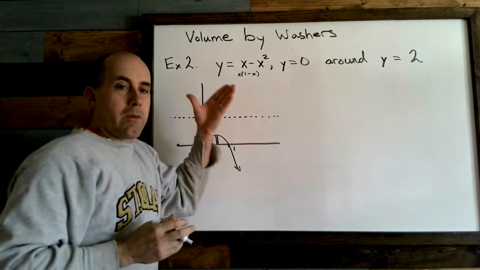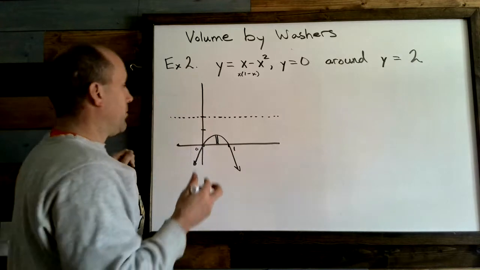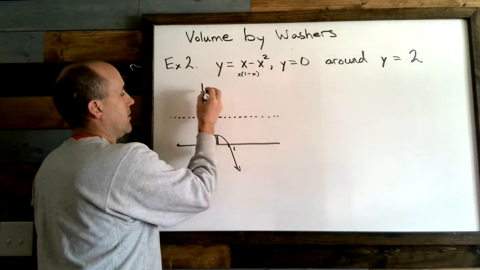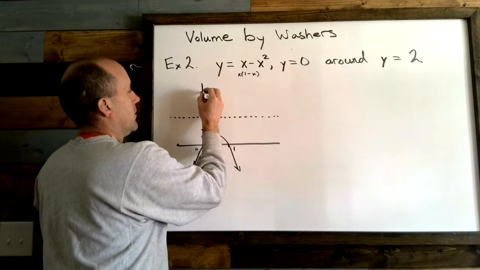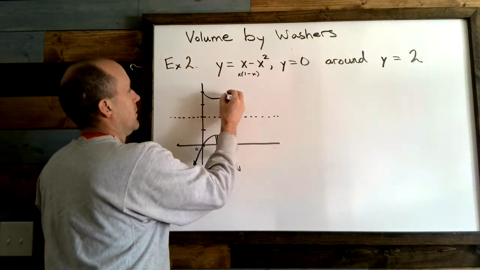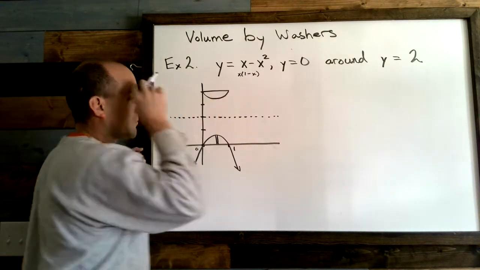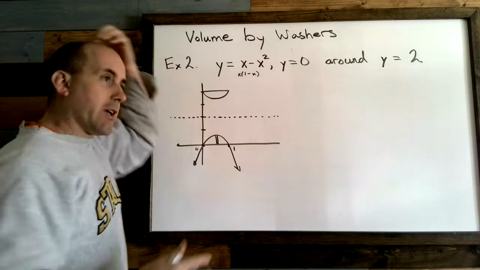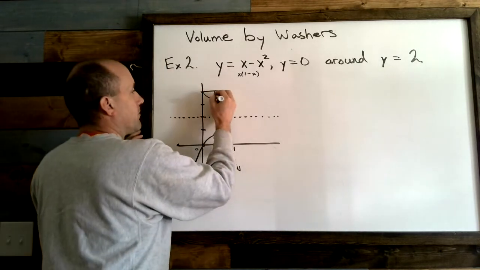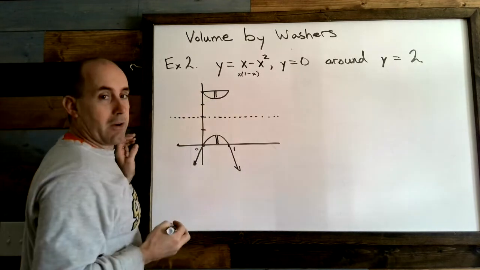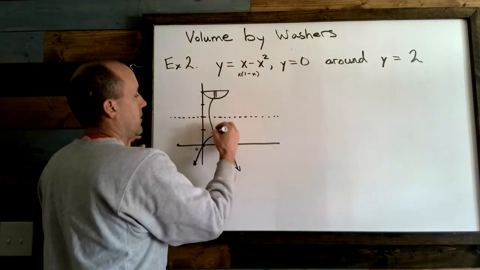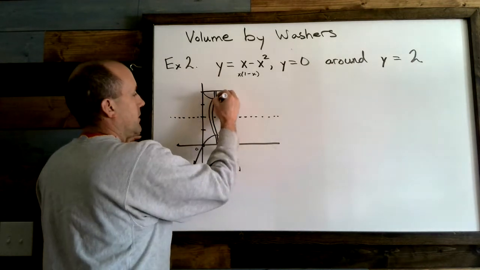When you revolve it around that line, it's going up, and I'll show you the kind of shape that you get. If we flip this up over the line, that's the new shape we're going to get. I'll put my little rectangle in there, and I'm just going to try to draw this so you can see what happens.